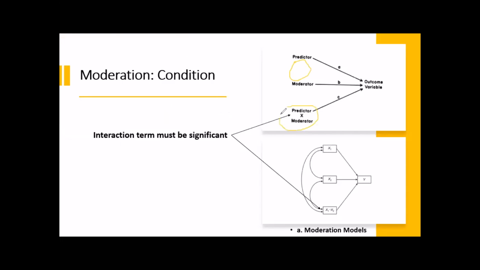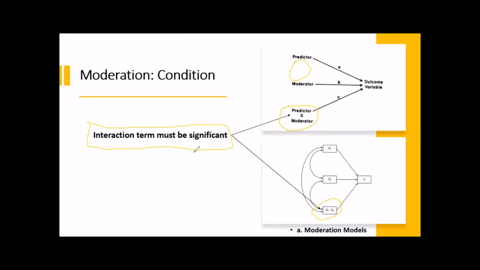If you find the interaction term significant, then this is an indication that the moderation analysis has remained significant. So the only condition in moderation analysis is that the interaction term must be significant. We shall discuss this later in the further discussion as well.